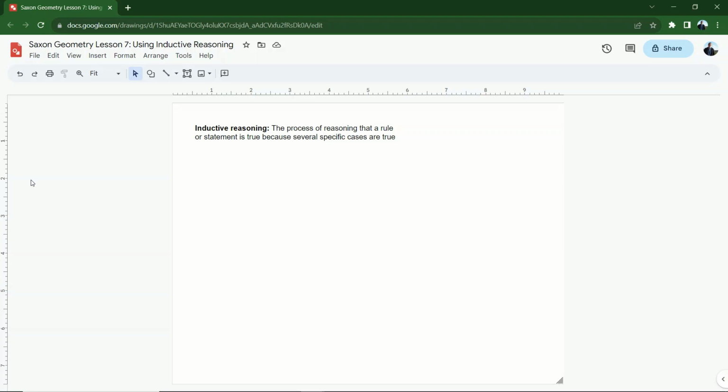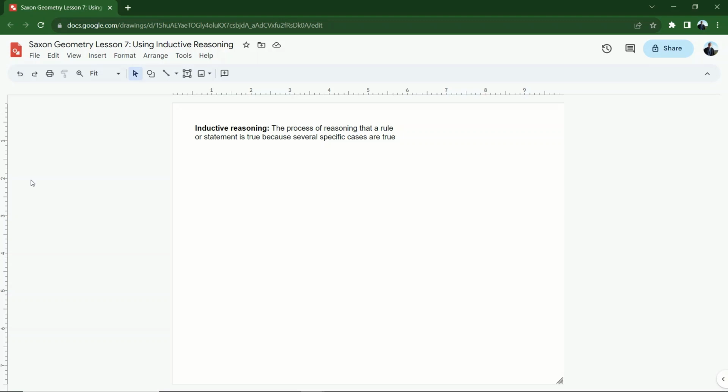We take a bunch of individual cases that we observe to always be true every single time we test them. However, we only test a limited number of cases because we can't test every case. And if it turns out that those cases are always correct every single time we test them, then we inductively reason a rule from those specific cases. That's inductive reasoning.